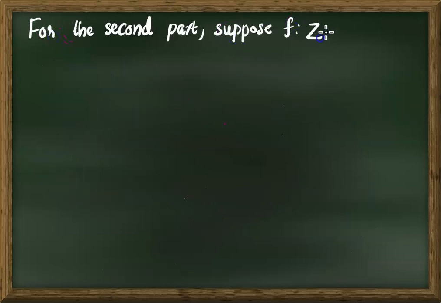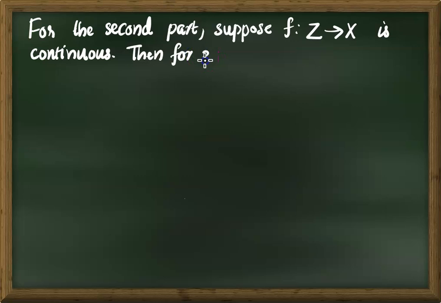For the second part, suppose f from Z to X is continuous. Then, for each i, pi_i composition f is the composition of two continuous functions. We have already proved that pi_i is continuous and we have assumed here that f is continuous.